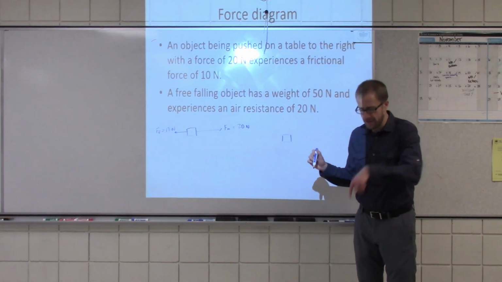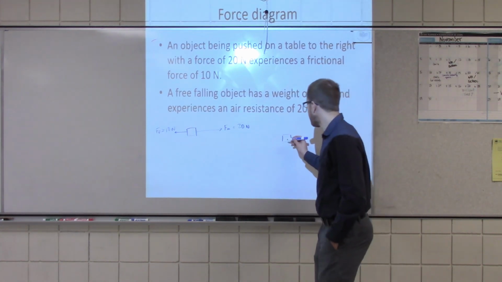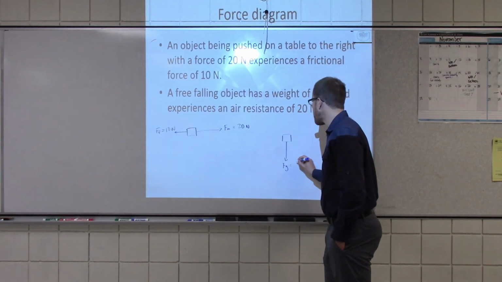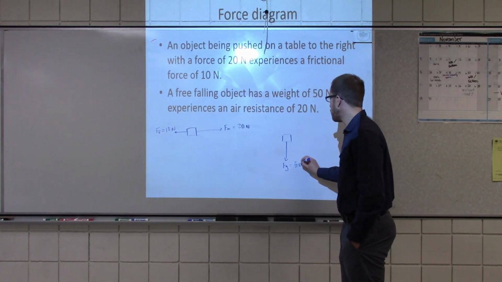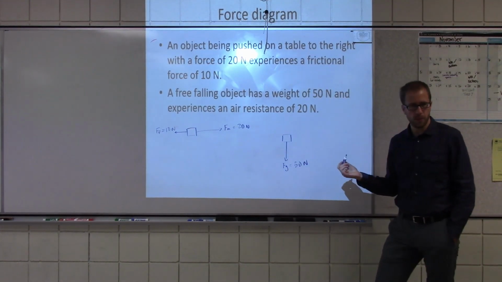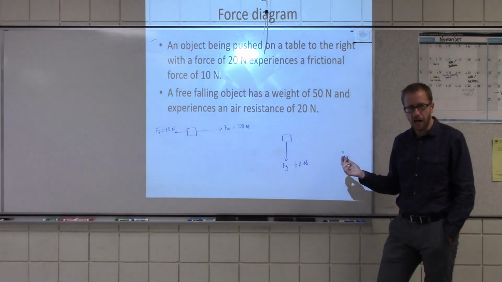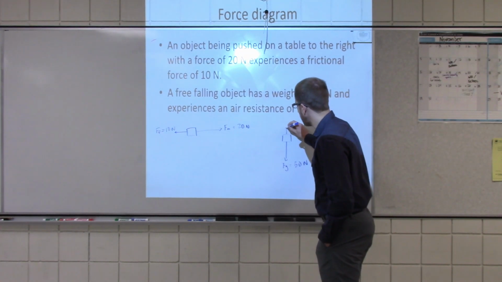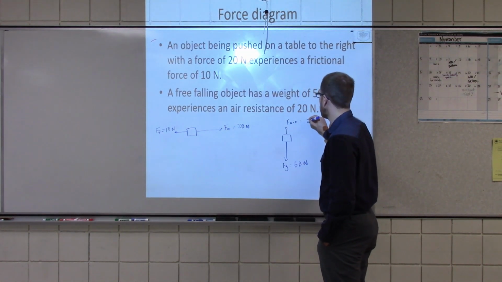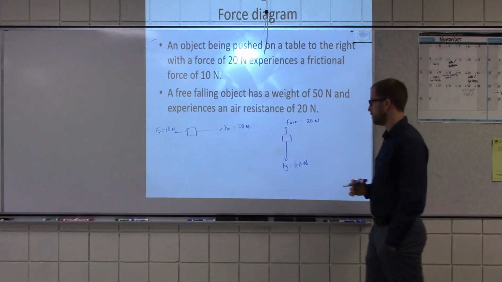Down, like towards the center of the earth. So my force due to gravity, aka my weight, is going to be 50 newtons. And my force of air resistance, which direction am I going to put that in? Good job. That's going to be my force of air resistance, and that is going to be 20 newtons.